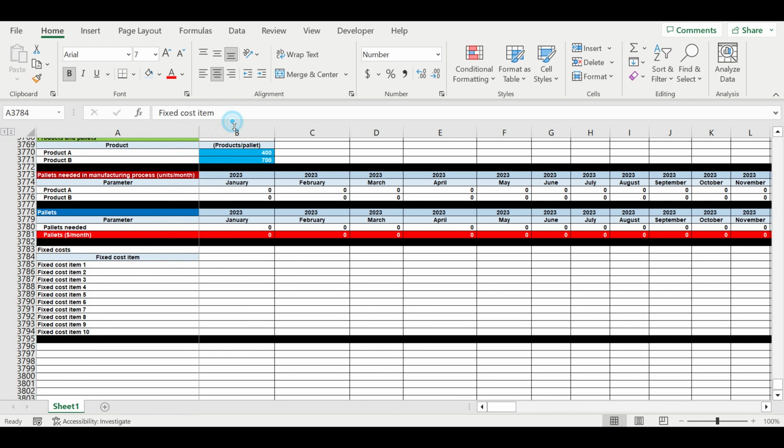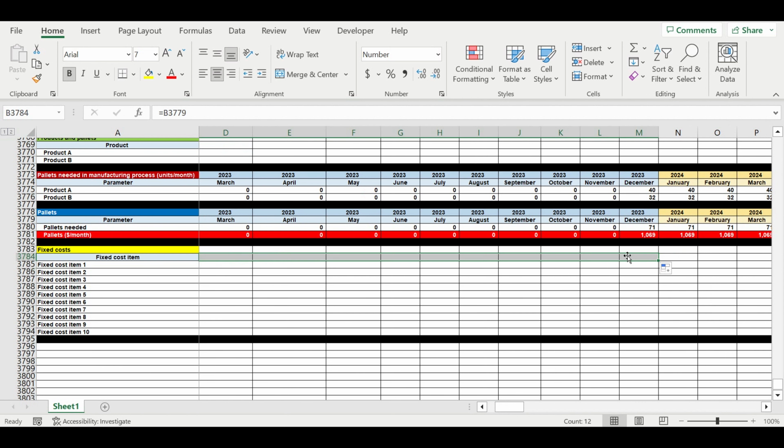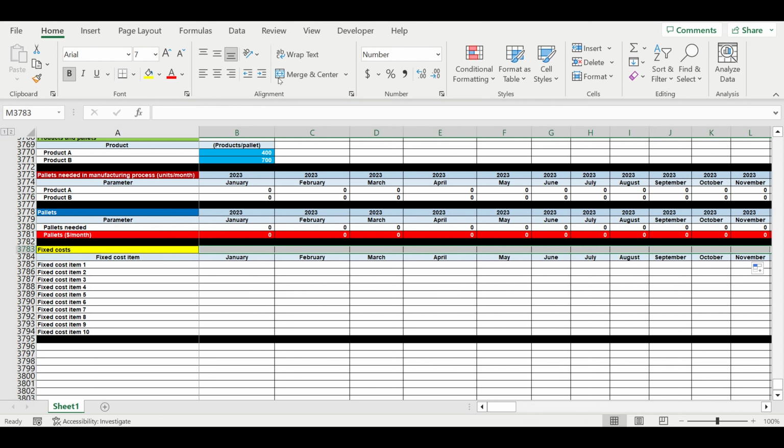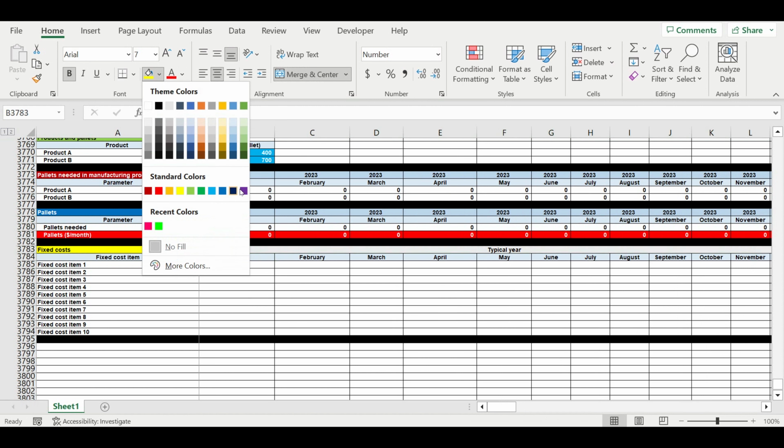So this is the new block of inputs. Here on the right I will be creating the typical year. For example, this color.